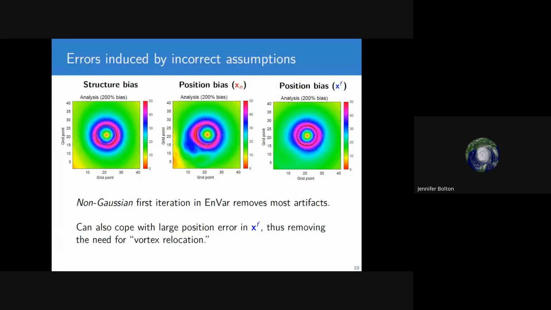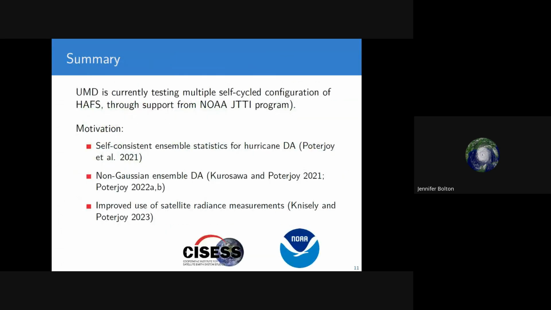And so I just wanted to throw that out there as another research direction for EMC. And one nice aspect of this is it removes the need for vortex relocation.